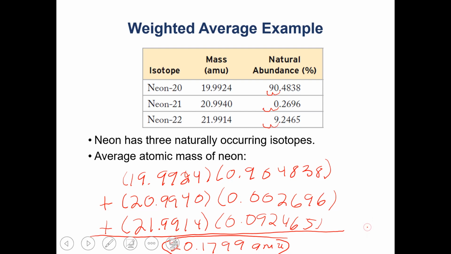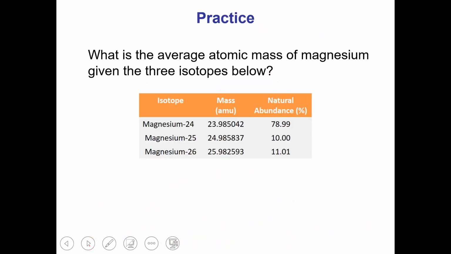Let's look at another example here. What is the average atomic mass of magnesium given the three isotopes below? So we're going to do the exact same thing that we did with neon.